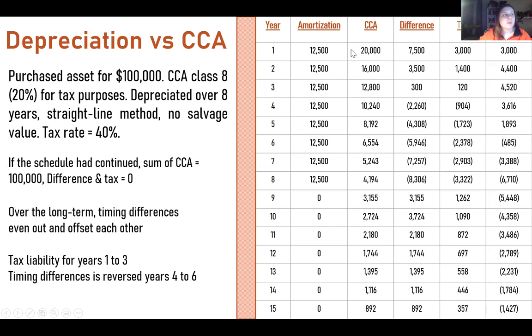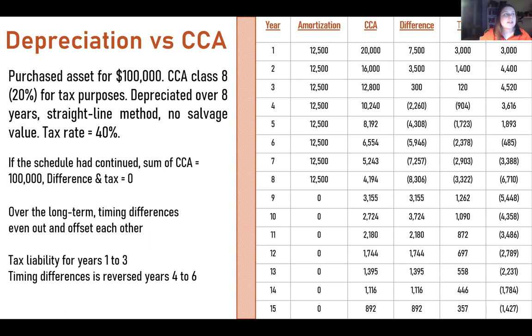So the difference between the two is 7,500. So CCA is higher by 7,500. Since it's higher, you're going to want to reduce your taxable income even more by $7,500. So you're paying less taxes right now and more taxes in future years. So you're going to be setting up a tax liability.